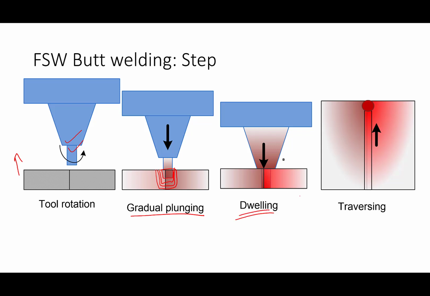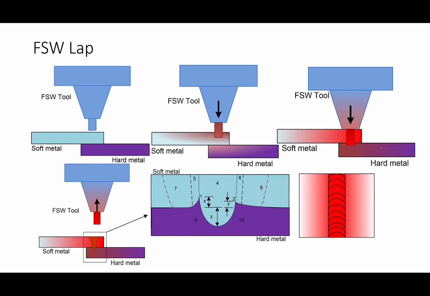That is what you can call dwelling, and we wait for the temperature to rise to a sufficiently high level so that thermal softening is realized, and thereafter we start moving. For a given position of the tool, we move the workpiece so that the entire weld line is covered. That is the case of the butt joint.